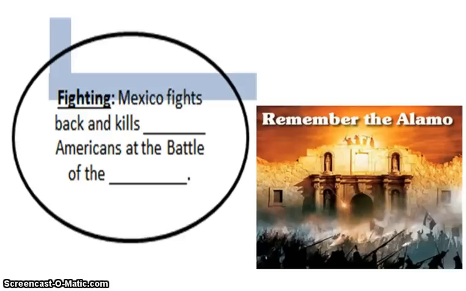Mexico attacks, and after a 3-day siege, approximately 185 Americans are killed at the Battle of the Alamo. This is the trigger point that really starts the war. The Americans lose the first battle of the Alamo, but it inspires a lot of other Americans to come fight in the war.